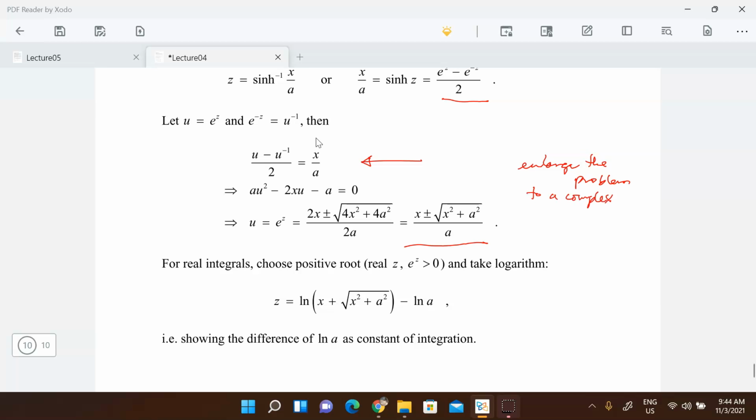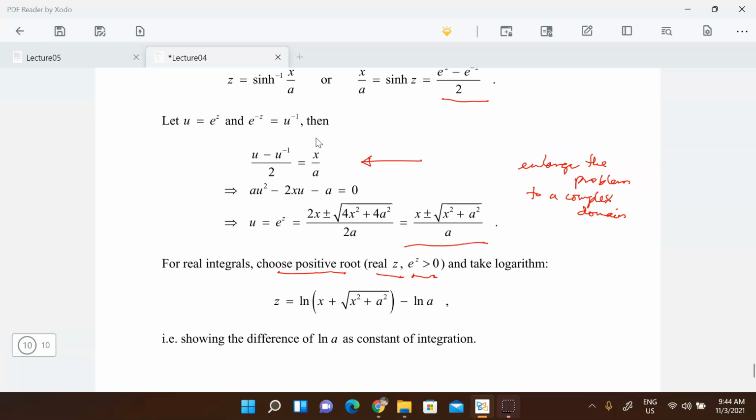Then you get essentially two different solutions. But for our case, we choose the positive root because for real z, your exponential z is going to be greater than 0.